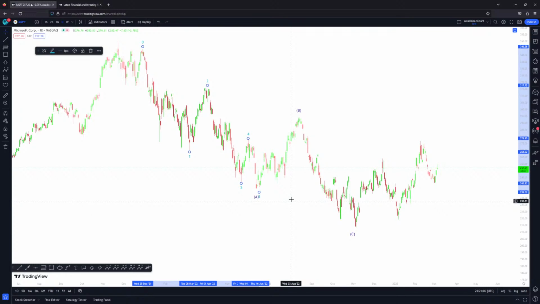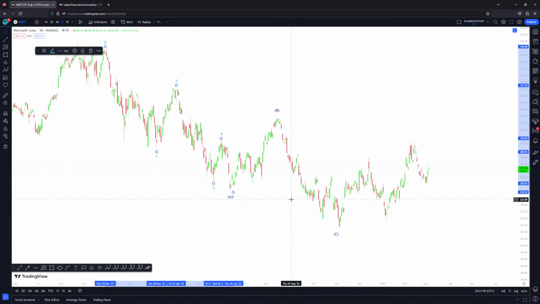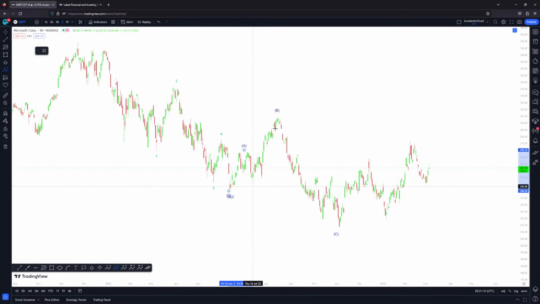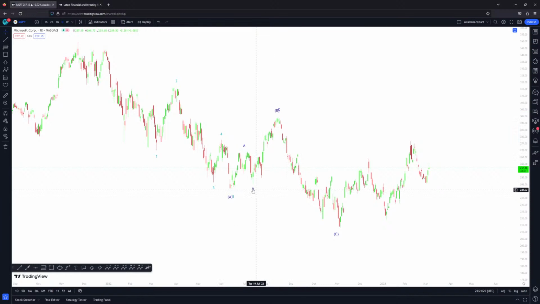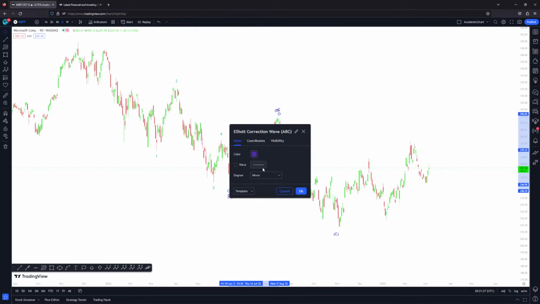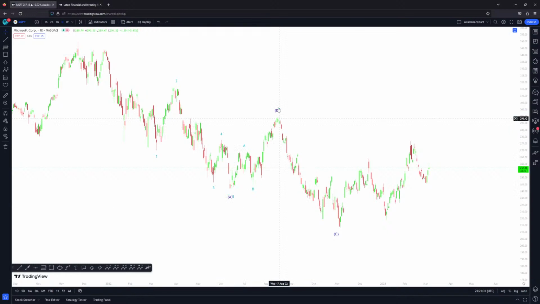So this is much better. I can see ABC here. Let's grab this and have another ABC, but this ABC is not intermediate; it's minor. An ABC inside that ABC. Also, let's change the color to something lighter to indicate that this is minor.